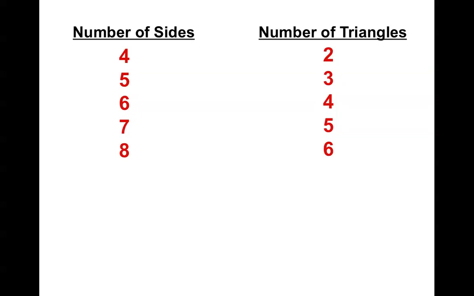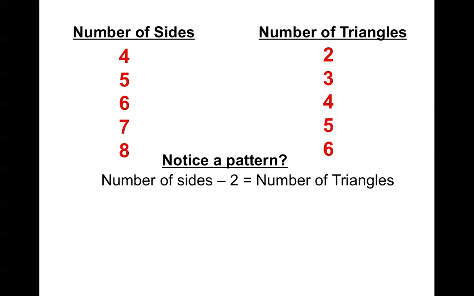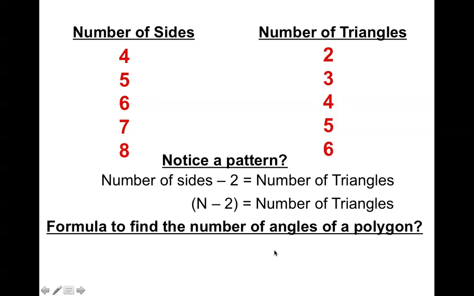Hopefully you noticed a pattern here. The number of sides minus 2 equals the number of triangles. So we like to say that n is the number of sides, so n minus 2 equals the number of triangles. To find the sum of the angles in the polygon, all you have to do is take that n minus 2, the number of triangles, and multiply it by 180.